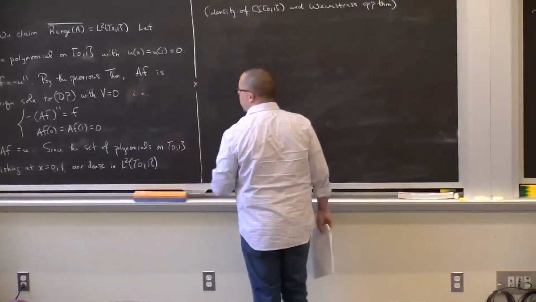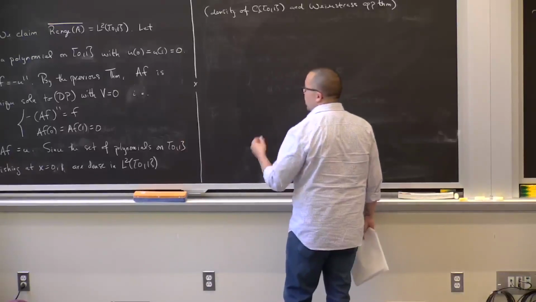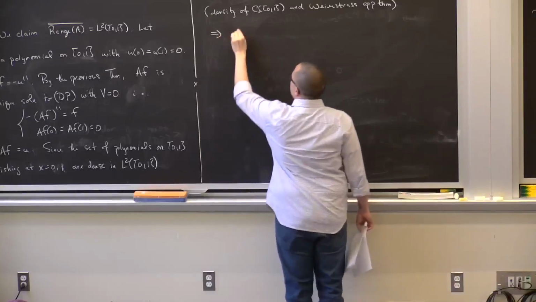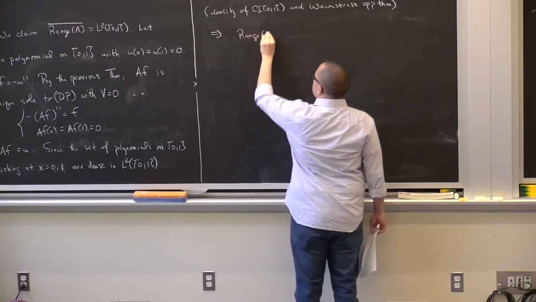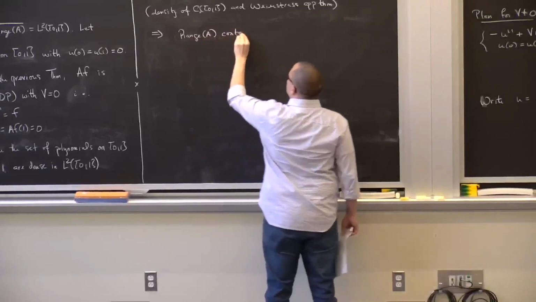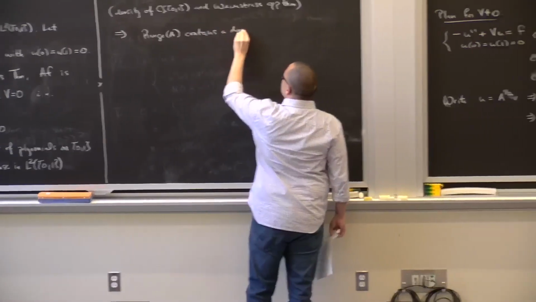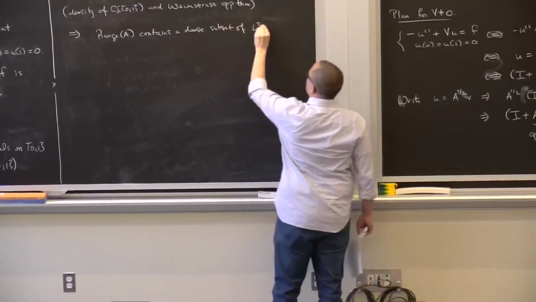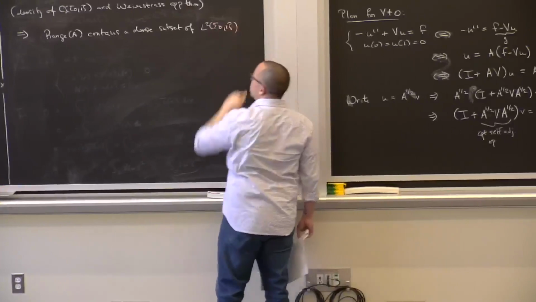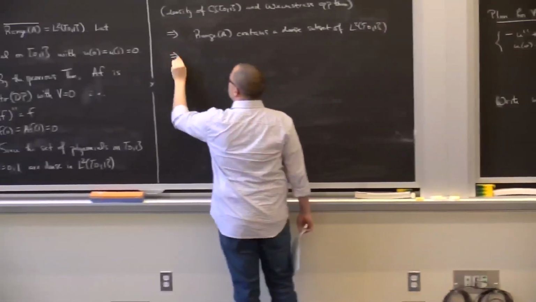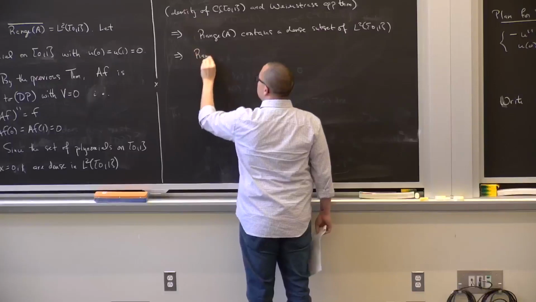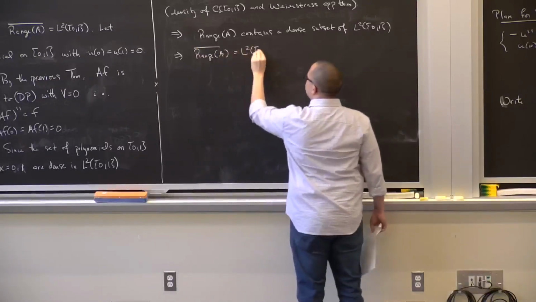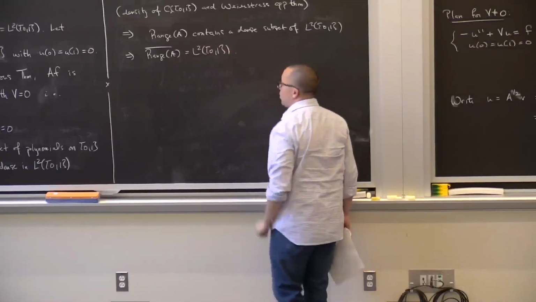So every polynomial that's 0 at the endpoints is in the range of A. And therefore, the range of A contains a dense subset of L2 of 0, 1, and therefore the closure has to be all of L2 of 0, 1. Okay?